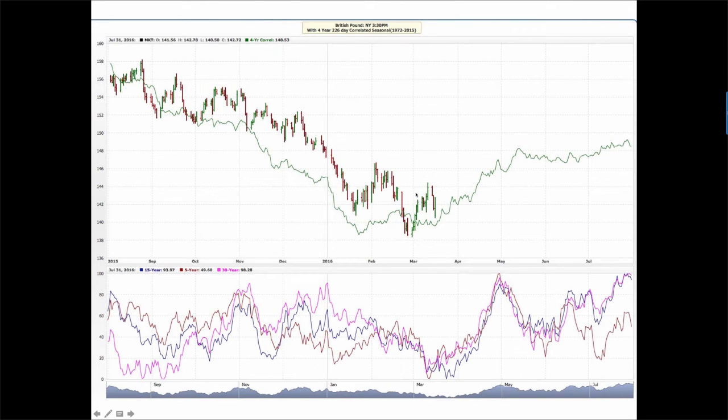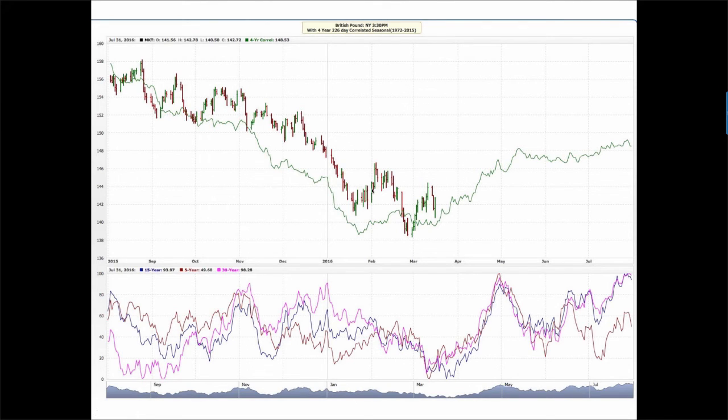This up here is a different form of analysis. This is called a correlated seasonal. And what they did is, this is more research, highly recommended. They went back to 1972, and they said, give us some years that are super highly correlated with this year's price action. In other words, the chart looks just the same or near to the way the chart pattern looks this year.